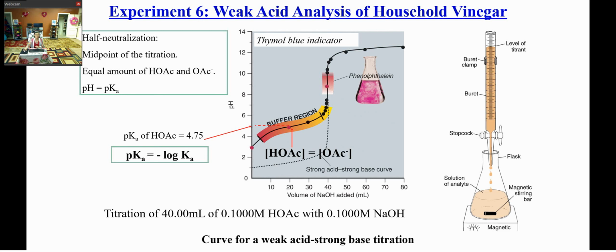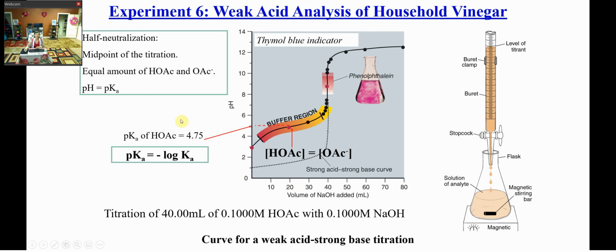In this case, we are going to pay attention to something we call the half neutralization, which is the midpoint of your titration. For example, to neutralize your acetic acid, you need 40 milliliters of sodium hydroxide with a known concentration. This 20 milliliters is called your half neutralization.